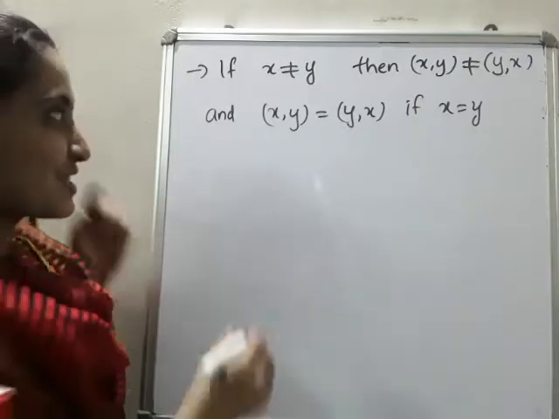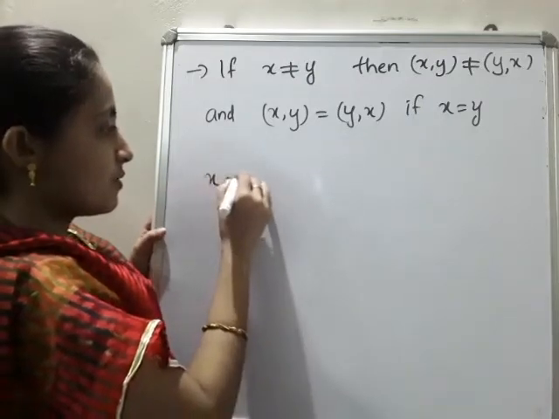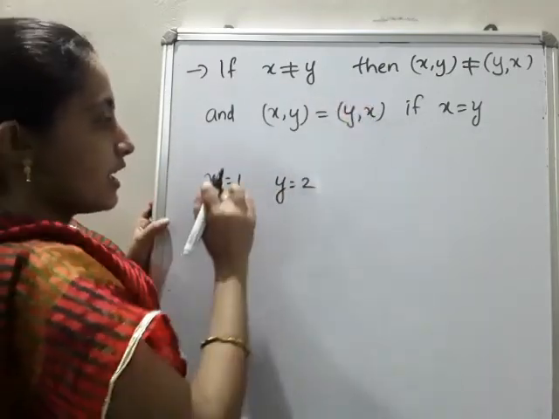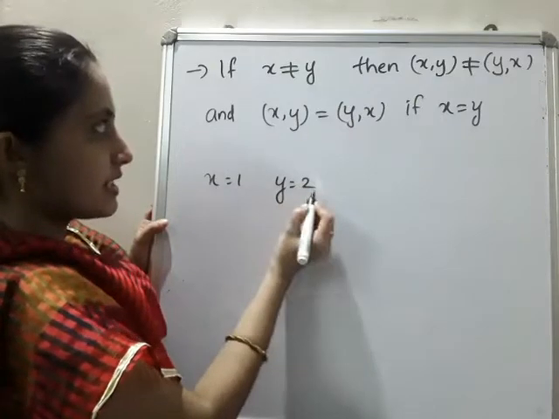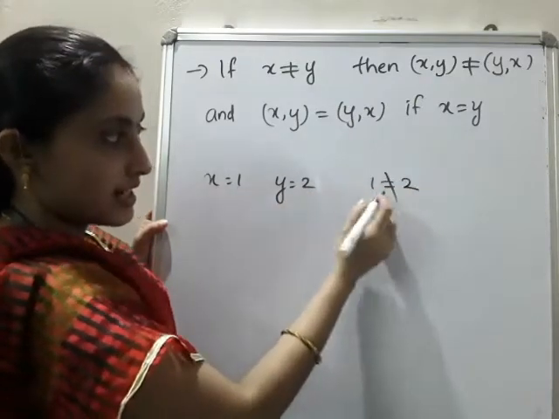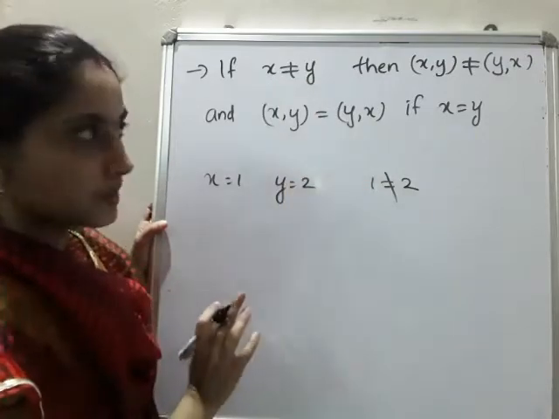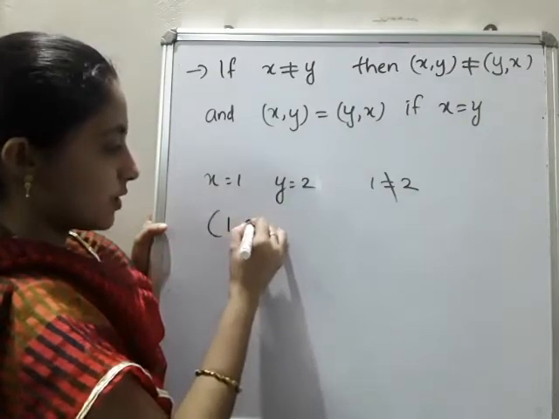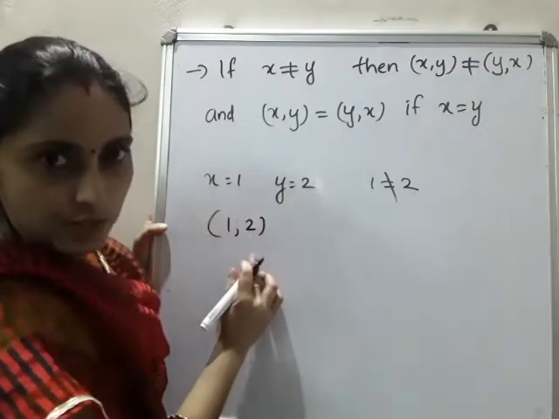Confusing, is it? So just as an example, let x be equal to 1 and y be equal to 2. If both are different, that is x is 1, y is 2, is 1 equal to 2? No. That is, x is not equal to y. Then what is the condition? (x, y) means (1, 2): x represents 1 and y represents 2.